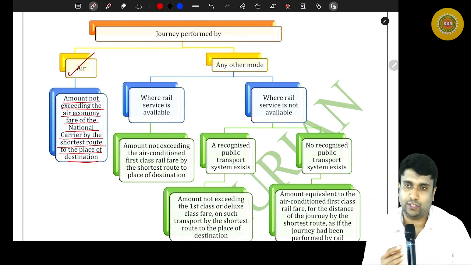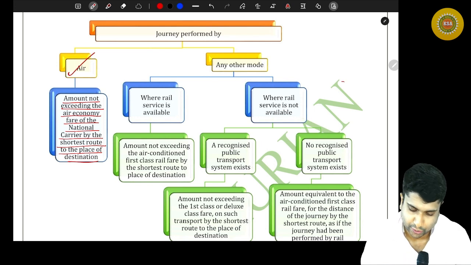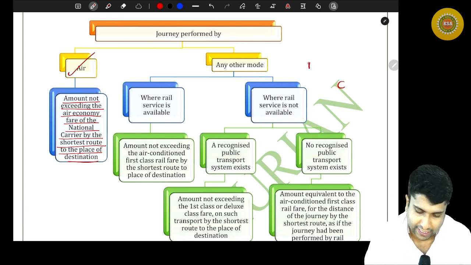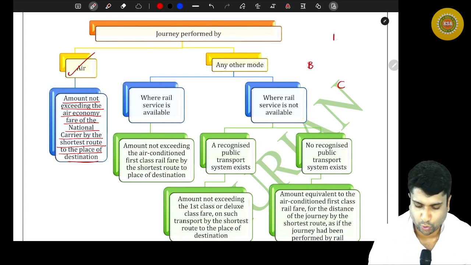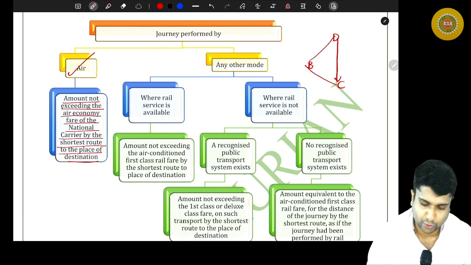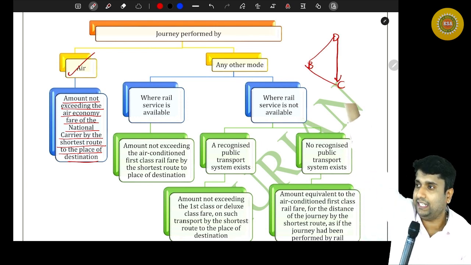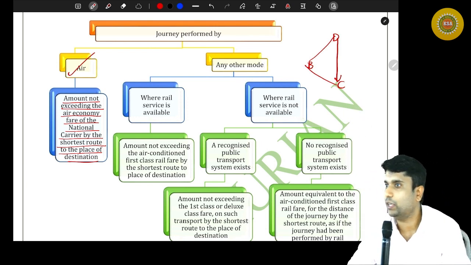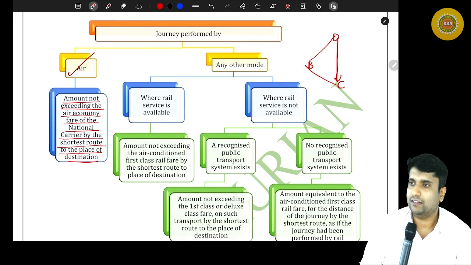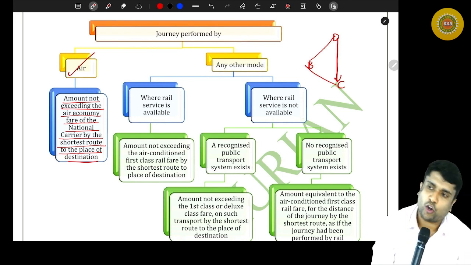You started your journey from Chennai. You visited Bangalore. Then you went to Delhi. Then came back. So you had multiple destinations. Will you get exemption for all the traveling costs?